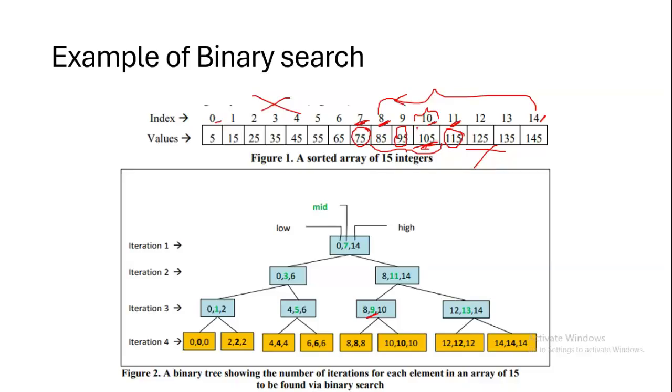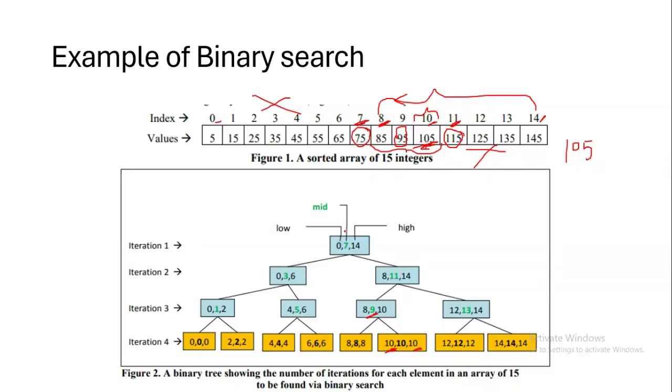For the right side array, the lower range will be 10 and the upper range will be 10, and as there is only one element, 105 is compared with 105 and a match is found. So we found the element to be searched, that is 105, at index 10, and the algorithm terminates. This is how it works.